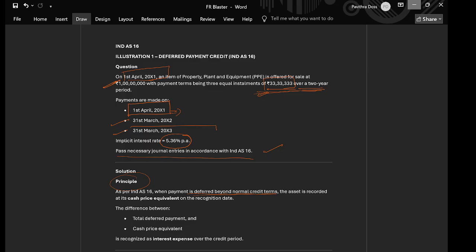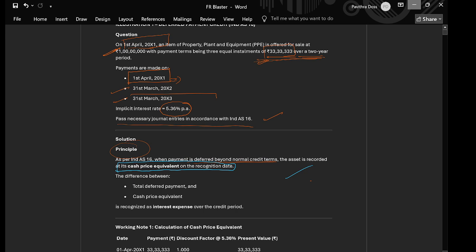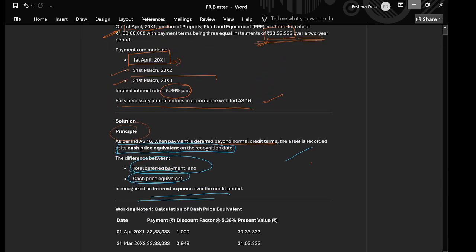In that case, how we are going to record the payment is that the asset is recorded at its cash price equivalent on the recognition date, which means we will discount it and record it. And whatever the difference between the total deferred payment and the cash price equivalent is treated as an interest expense over the period, right? Now let us go about finding it.